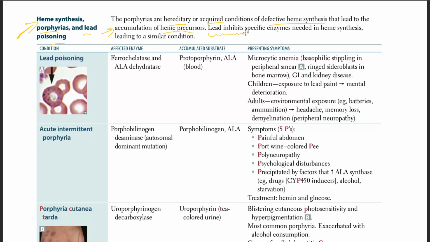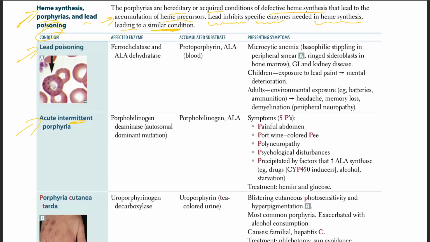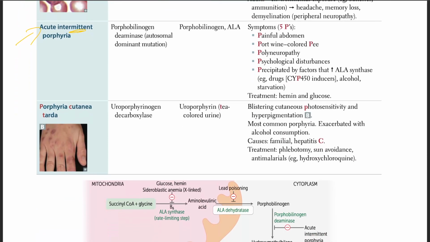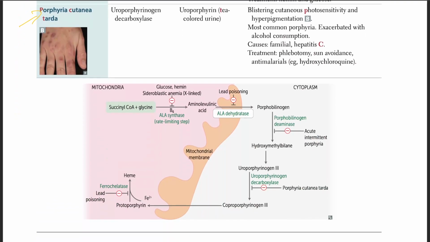Lead inhibits specific enzymes needed in heme synthesis, leading to a similar condition. So what are the conditions? We have lead poisoning, acute intermittent porphyria, and porphyria cutanea tarda, right?